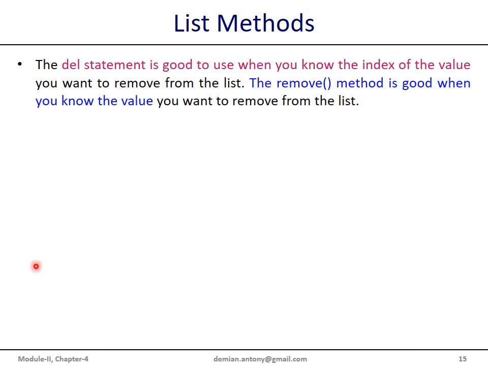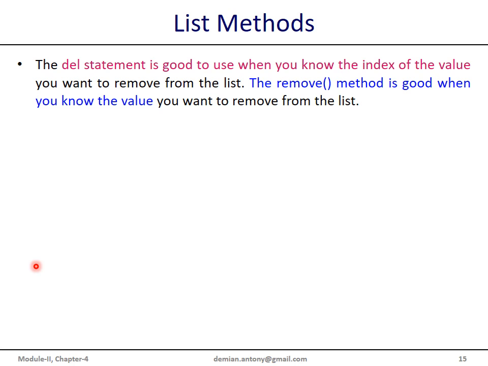We worked on 2 ways to delete list values, one with the del statement and second with the remove method. When to use the del statement and when to apply the remove method? The del statement is good to use when you know the index of a value.